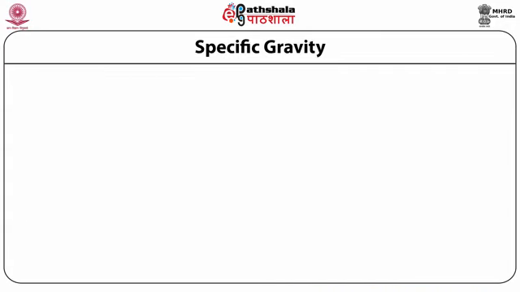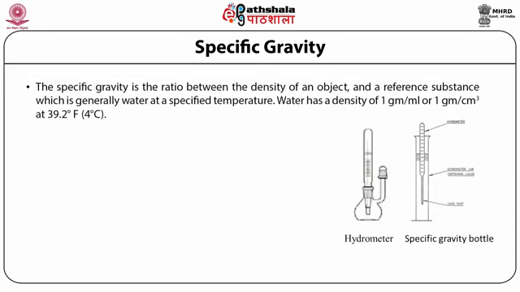We have specific gravity as another parameter for quality evaluation on the basis of physical properties. Specific gravity is the ratio of the density of an object to that of a reference substance, which is generally water, at a specified temperature.